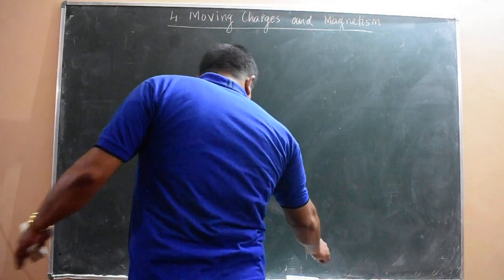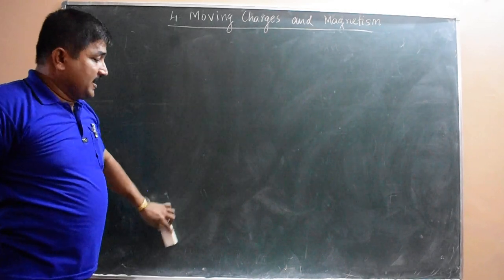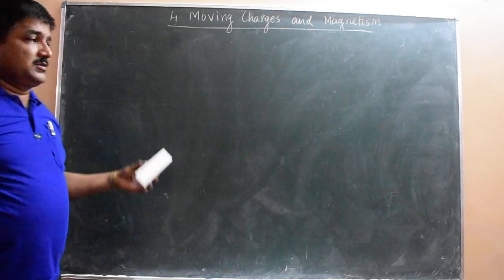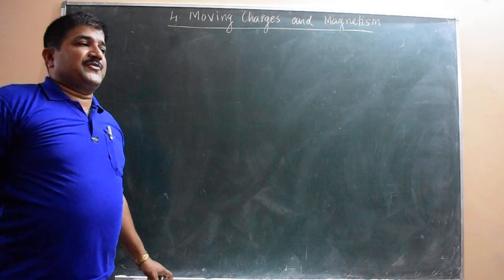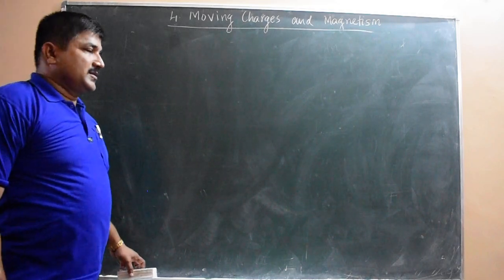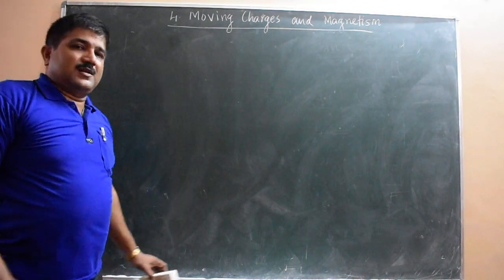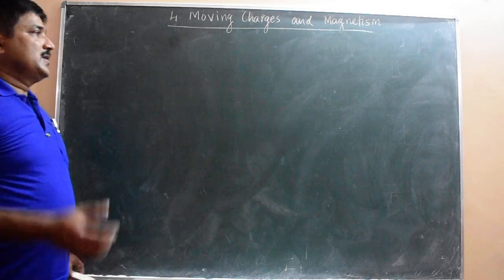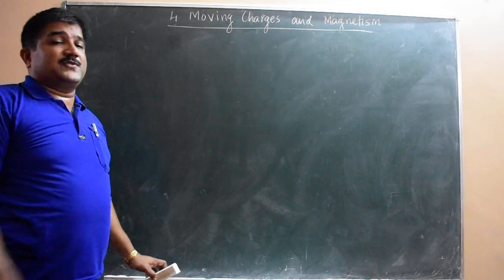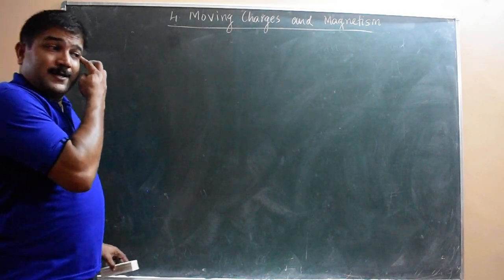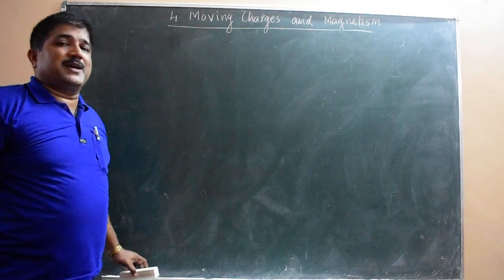Now the force experienced by a current carrying conductor. We have seen in the previous part that when a charged particle moves in a magnetic field, it experiences a magnetic force. Now if a conductor, a metallic rod carrying current, is placed in an externally applied magnetic field, remember, when current flows in a conductor or rod, it produces a magnetic field and it is placed in a magnetic field.